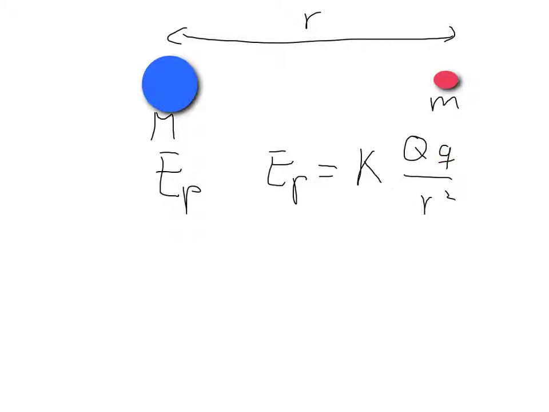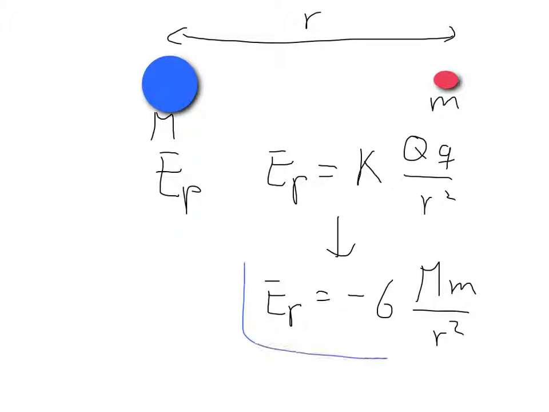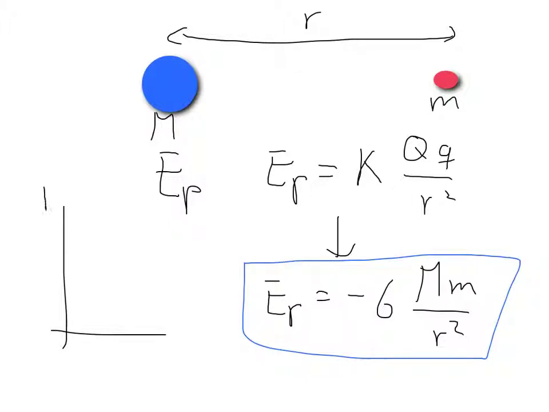Therefore, the potential energy for the gravitational field must be minus G, big M, small m, divided by r, which is the area under this graph. So if I plot F as a function of r, and I get something like this, well, in fact, I would get a negative. The area here with a minus sign would be this. Okay, so this is the potential energy of these two charges.